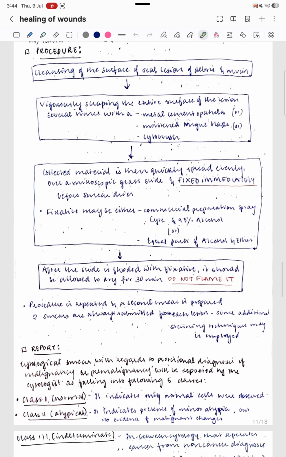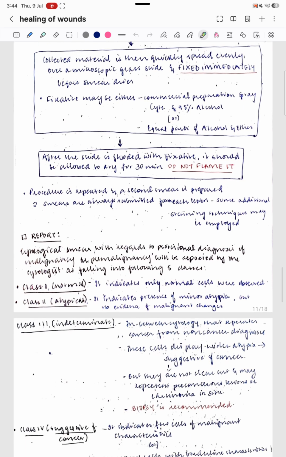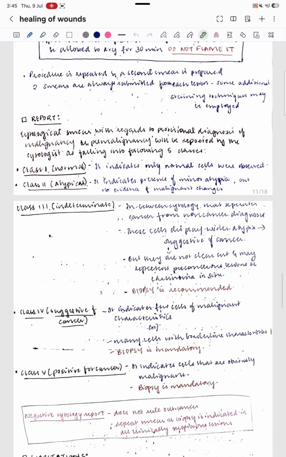Fixation may be a commercial spray, 95% alcohol, or alcohol and ether can be used. After the slide is flooded with fixative, it should be allowed to dry for 30 minutes, and you do not flame it. This procedure is repeated, a second smear is prepared, both smears are diagnosed and a result is submitted.